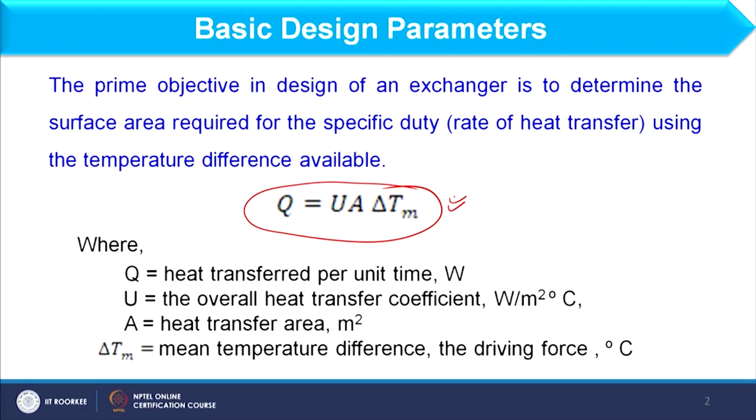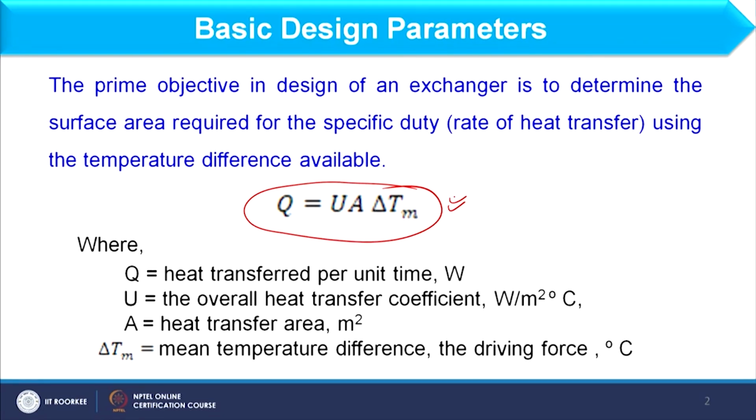Okay. And similarly, if I consider Q is equal to UA delta T LM, as you cannot change the temperature, you cannot play with delta T mean. Terminal temperatures of both streams would be constant. Okay. So, you cannot play with delta T mean.